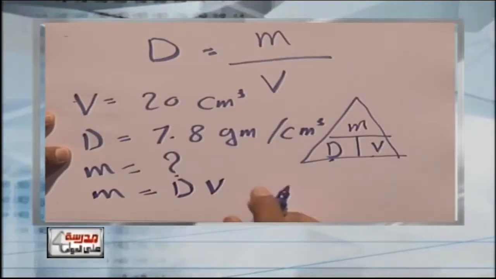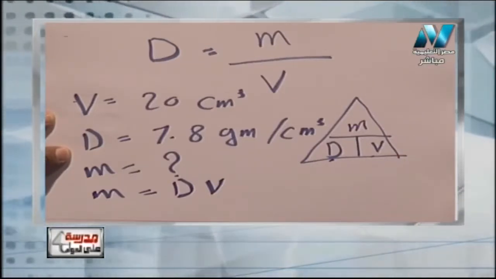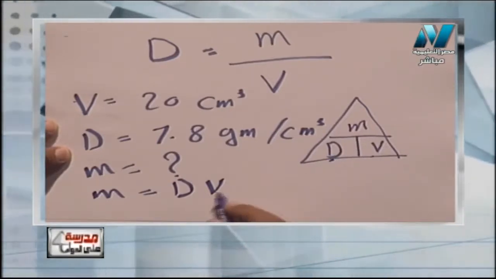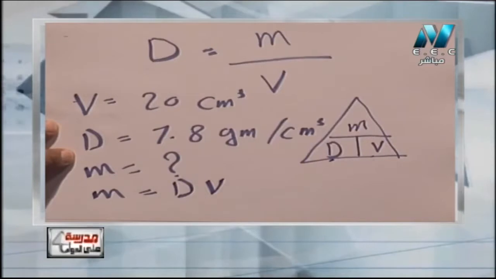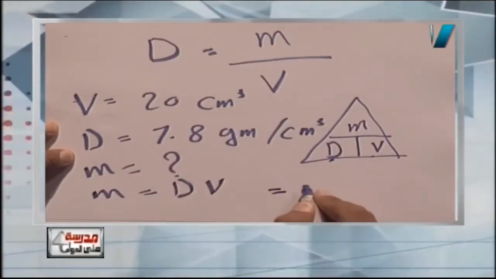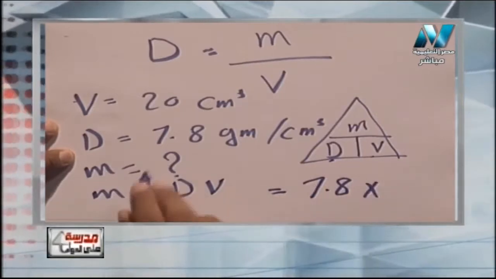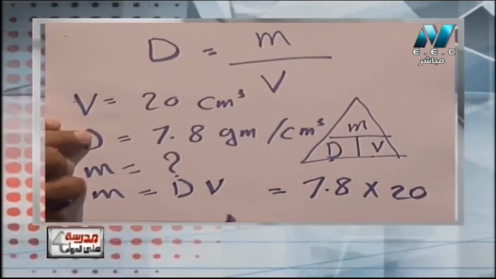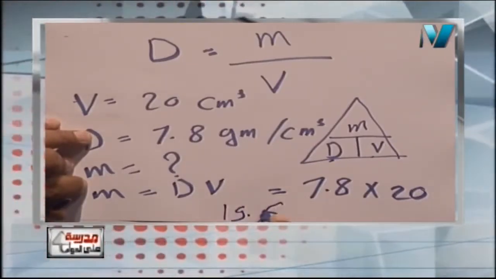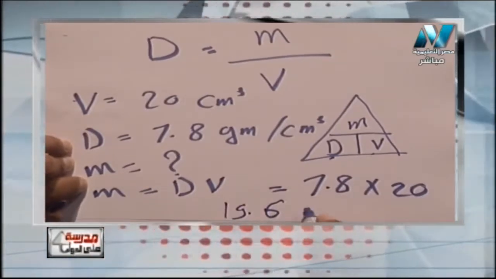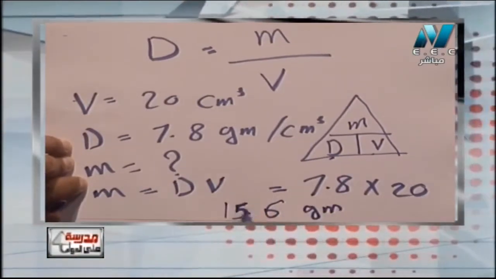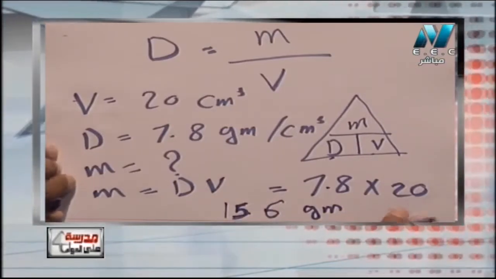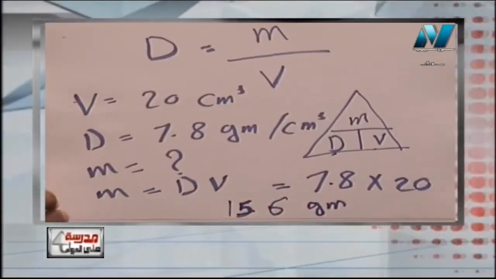Density here equals 7.8, and volume equals 20. So the answer will be 15.6 gram.